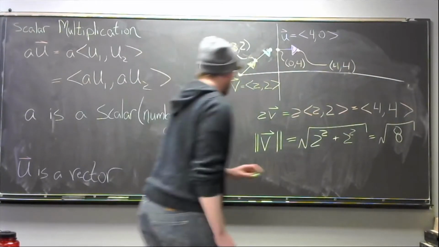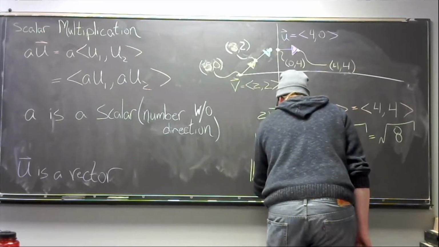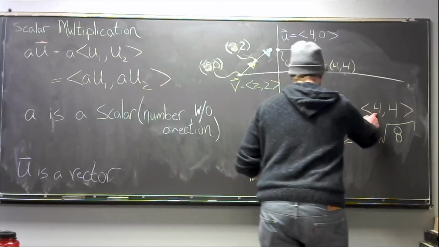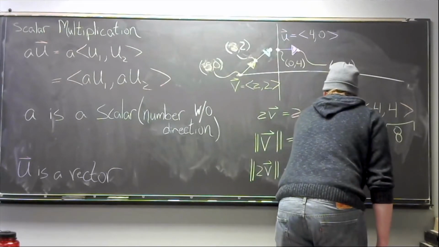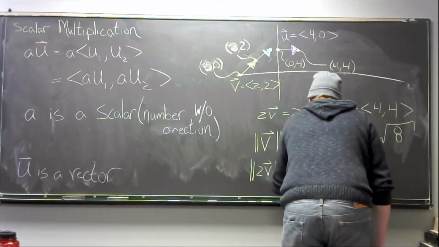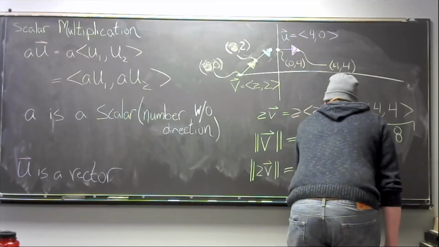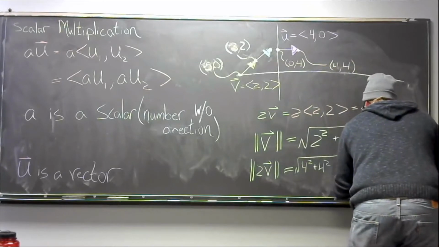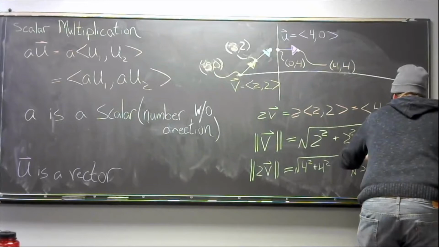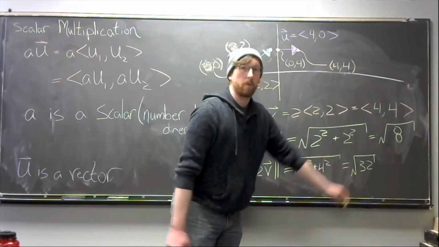The magnitude of 2v is equal to the square root of 4 squared plus 4 squared, which is equal to the square root of 32.